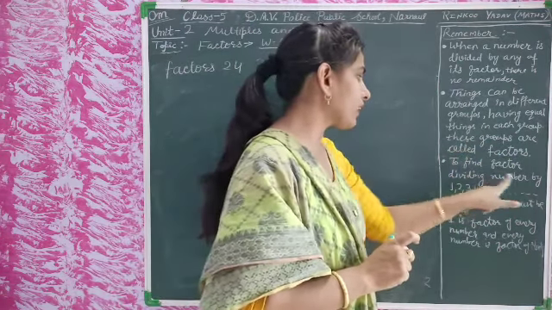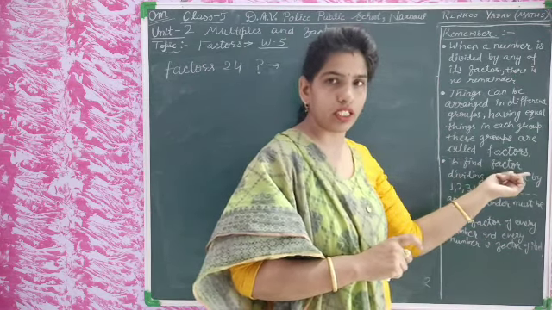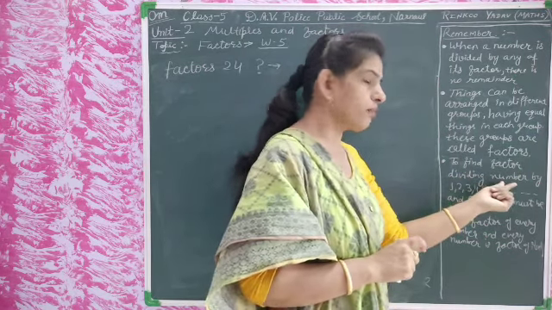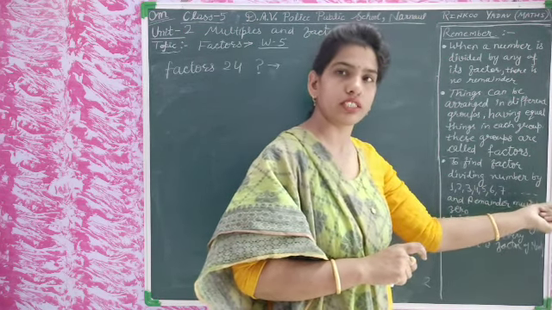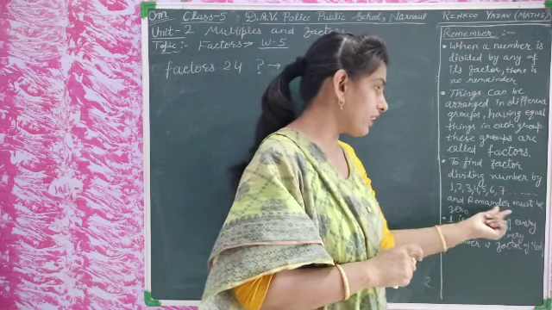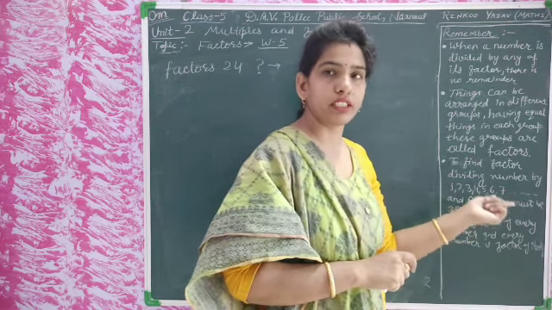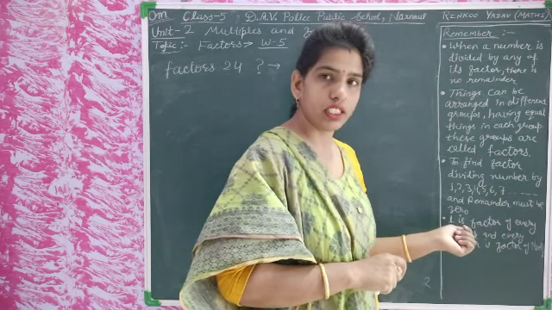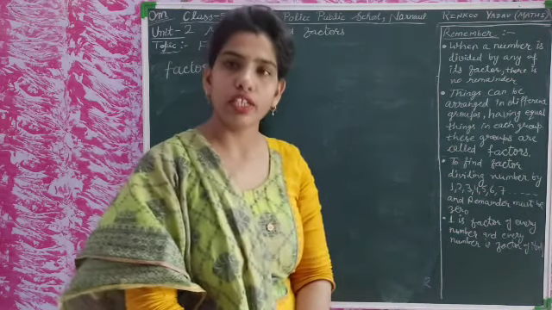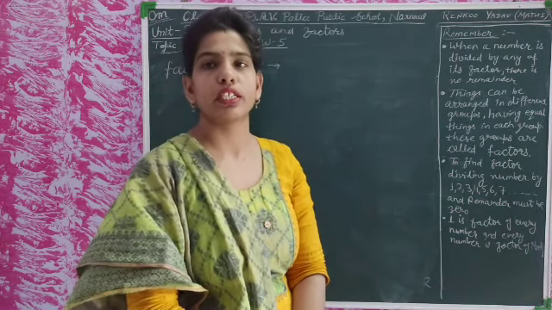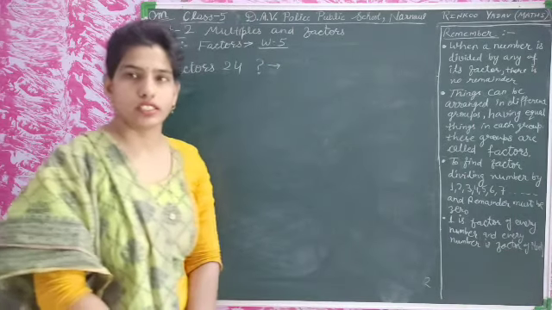To find the factors, we divide the number by 1, 2, 3, 4, 5, 6, 7, and if the remainder is 0, that must be a factor. Is it clear, students? Now, 1 is a factor of every number, and every number is a factor of itself. Is it clear, students?